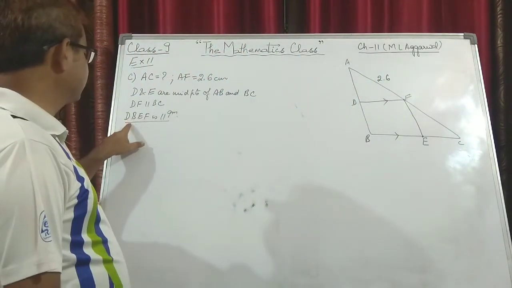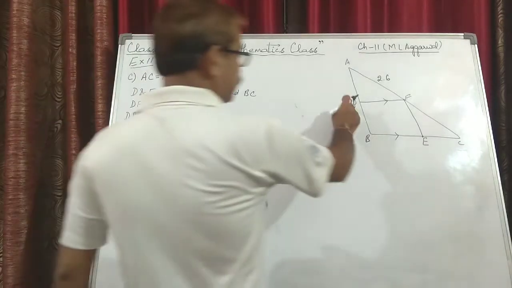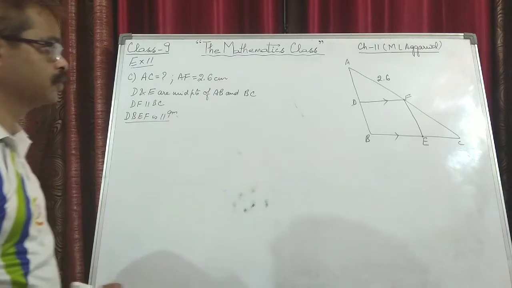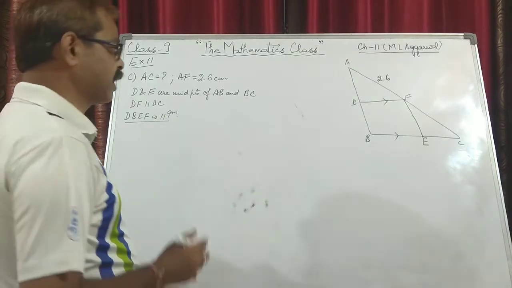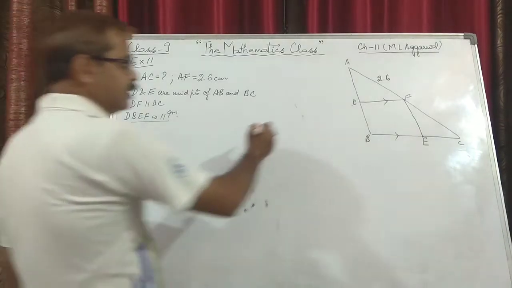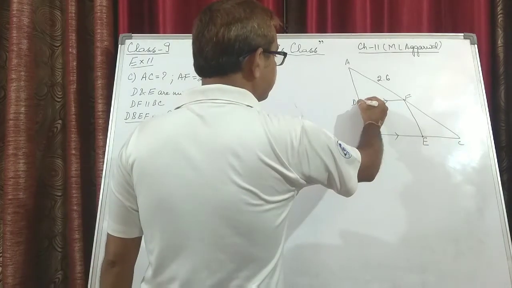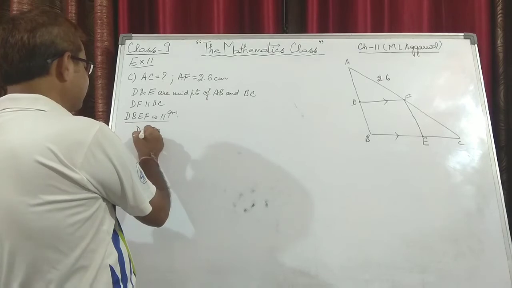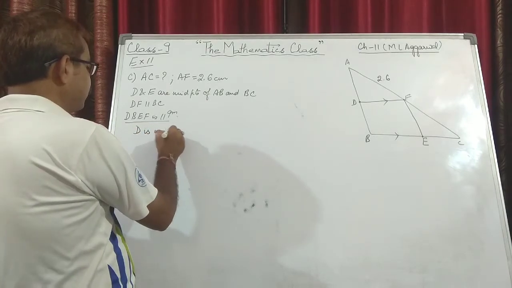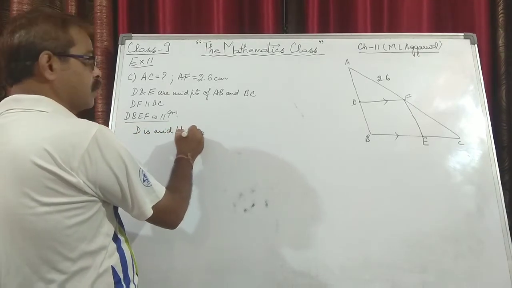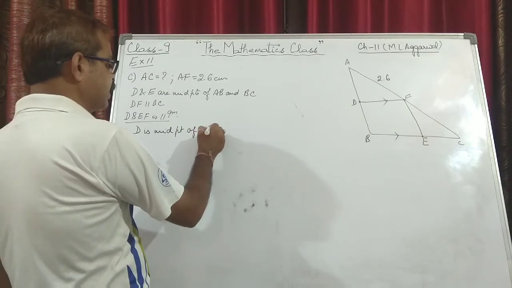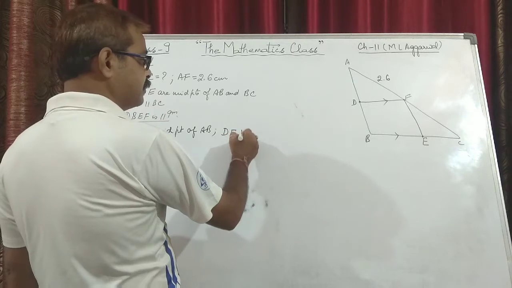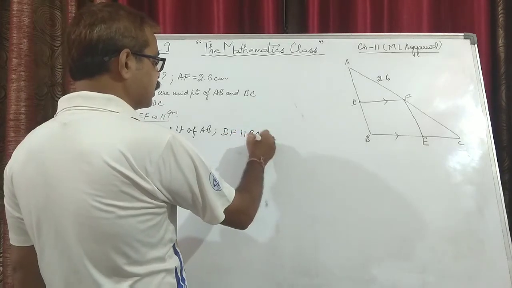And you have to prove DBEF is a parallelogram. First of all, we'll prove that DBEF is a parallelogram. We have been given that D is the midpoint of AB. And second thing given is that DF is parallel to BC.